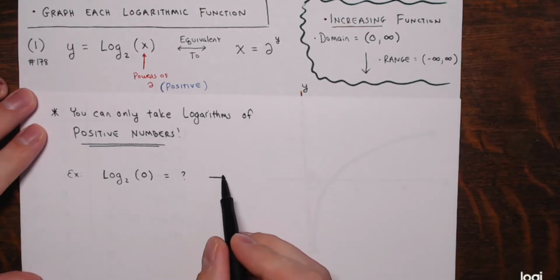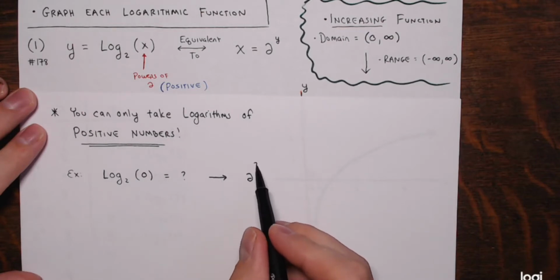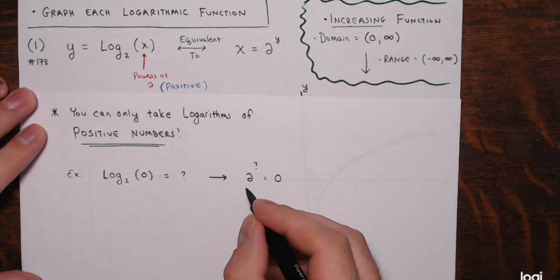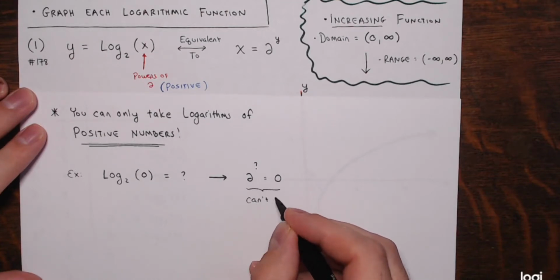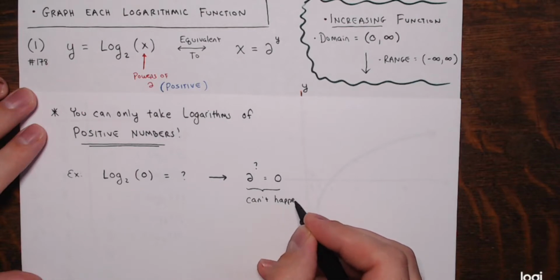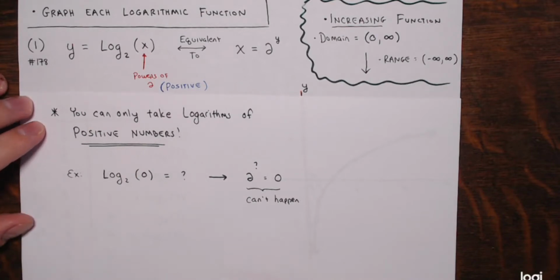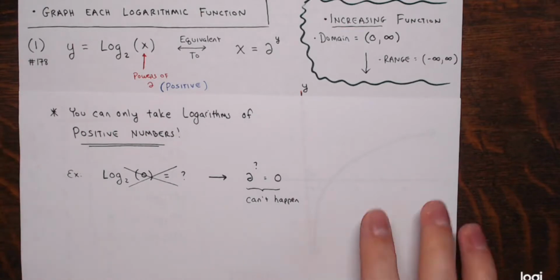Well, if I change this to exponential form, that would imply that 2 to some power equals 0. But this can't happen. I said already, powers of 2 are going to be positive numbers. So this is undefined, the log base 2 of 0.